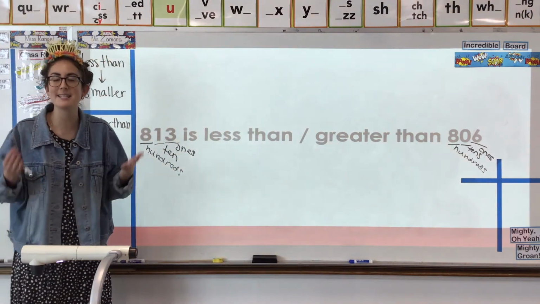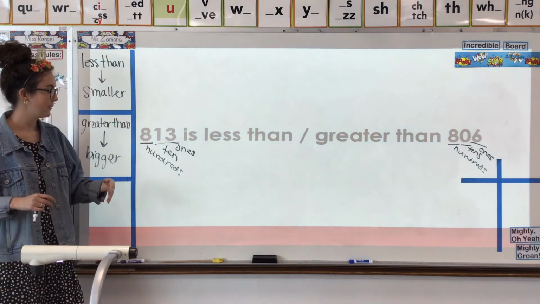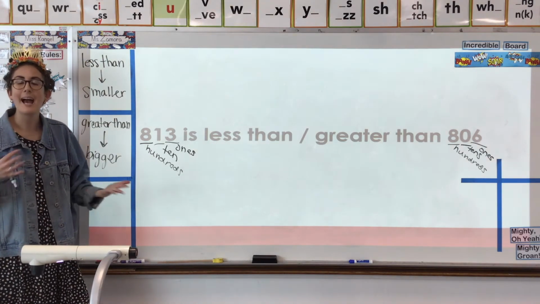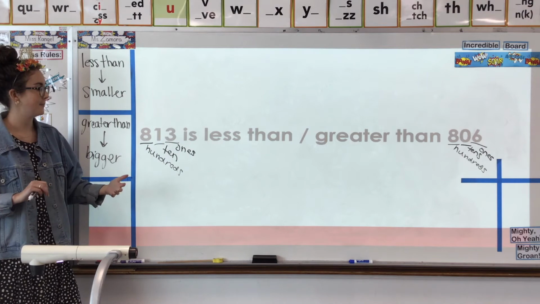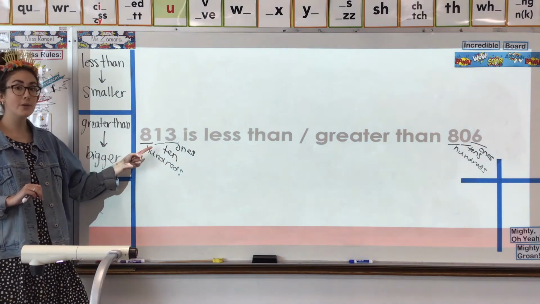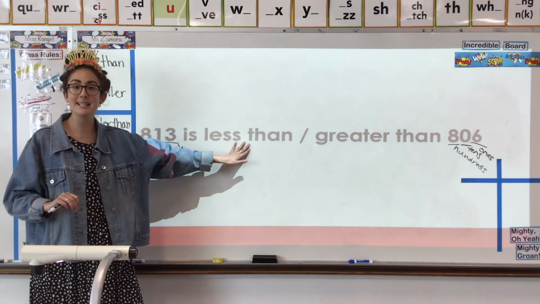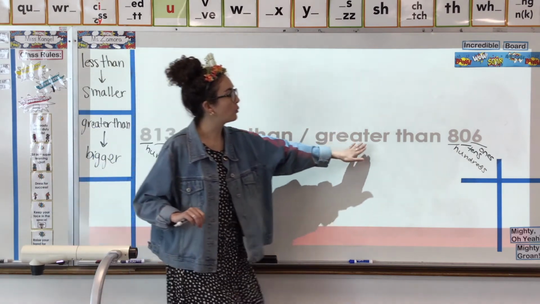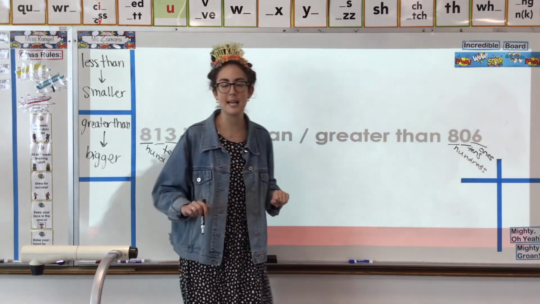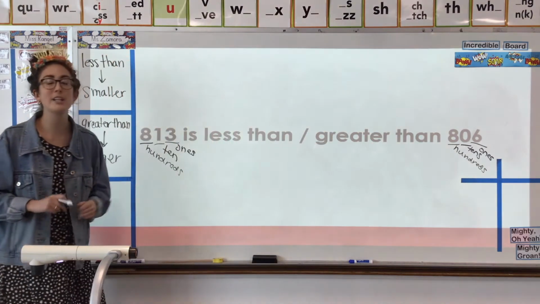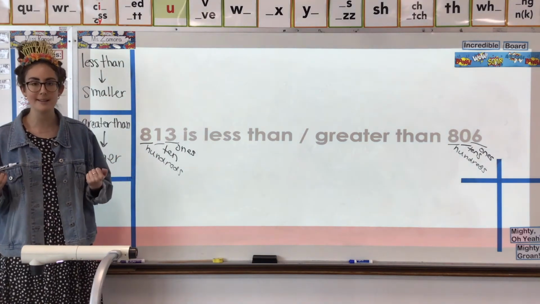That's our difference. That's what we want to look for. So that's going to tell us how to complete this number sentence. 813 is less than or greater than 806. Which one should we circle to complete our sentence?